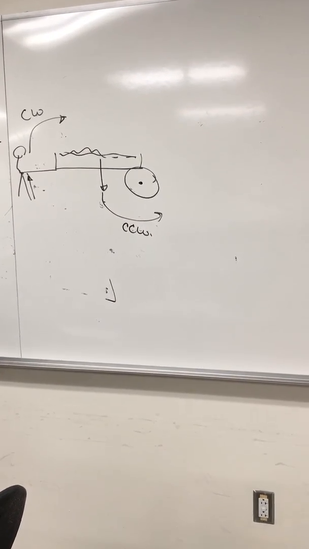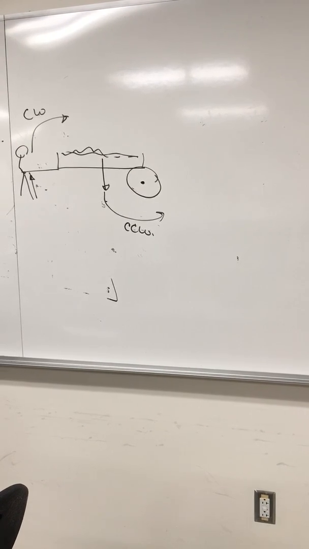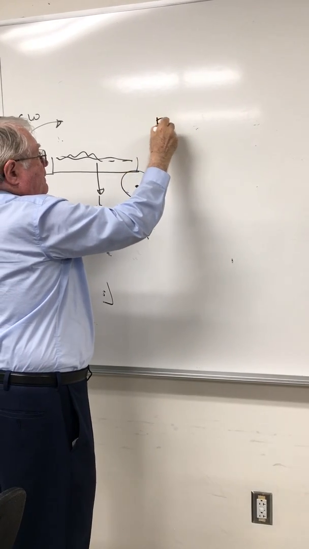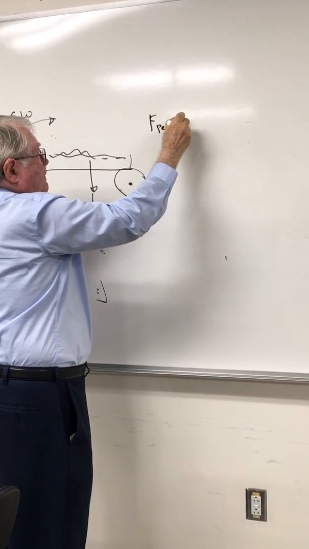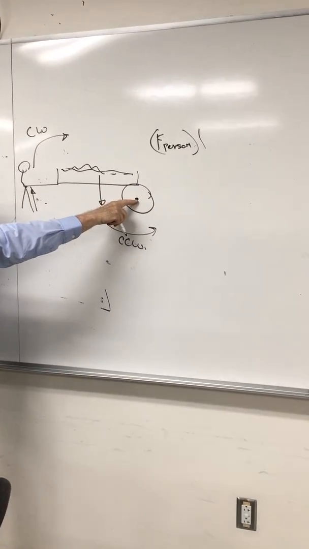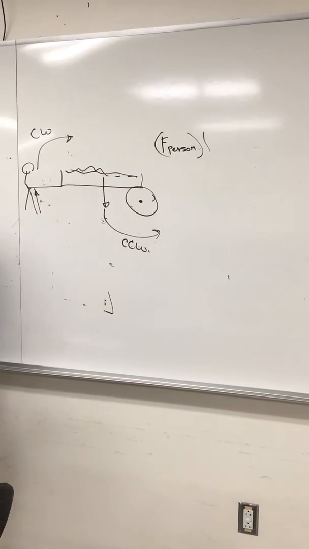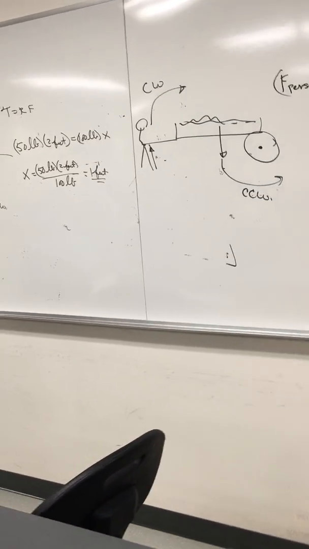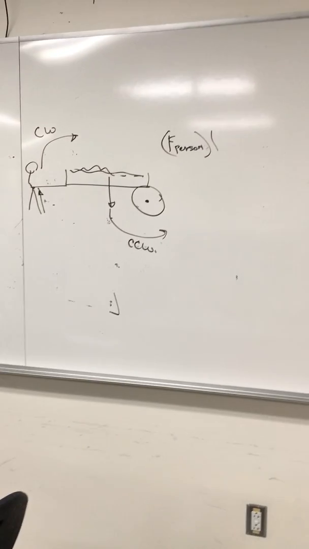To work this problem out, we say the force of the person times the distance from the wheel out to where the person is acting. I'm going to read the problem for you.